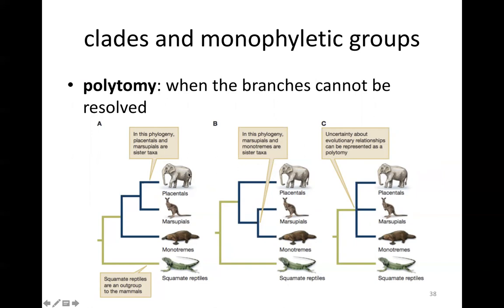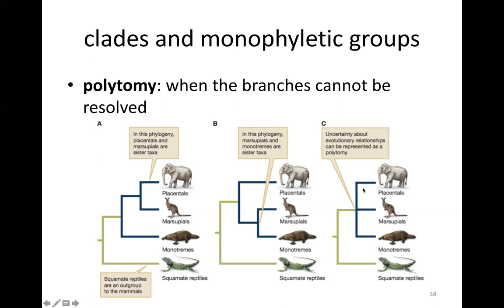So we said we can have trees where branches bifurcate, but then we can also have trees where a branch splits into 3 or more groups. Okay, of course, bifurcating trees are nicer, but sometimes we just don't have enough information. We might be uncertain about how the splitting event exactly happened.